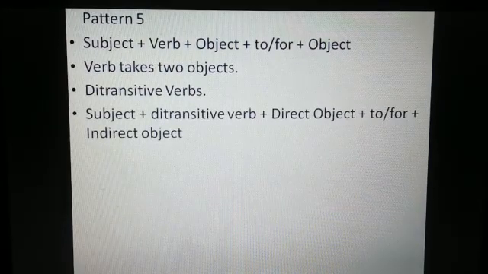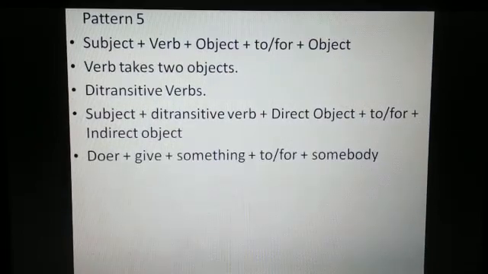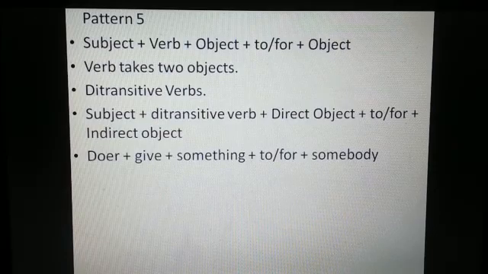Subject, ditransitive verb, first the direct object, then the preposition to or for, and then the indirect object. Here, doer gives something to or for somebody.